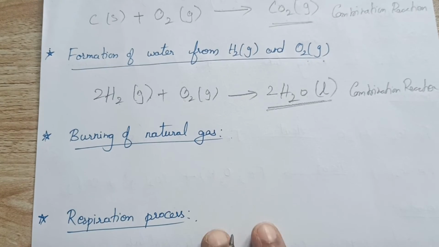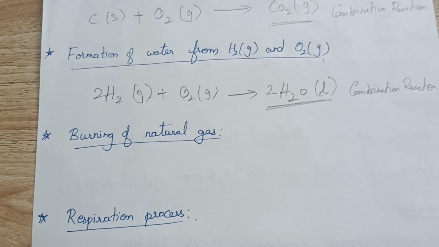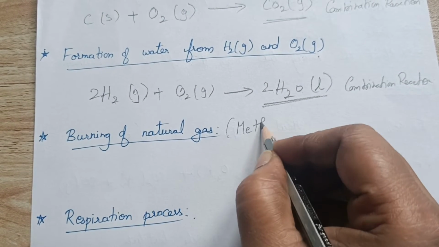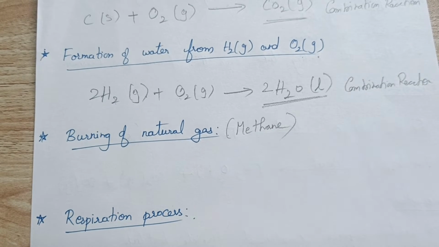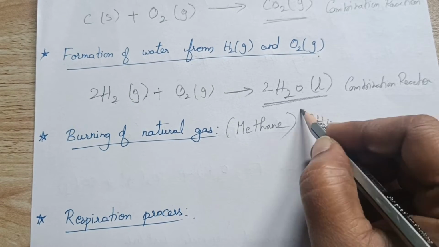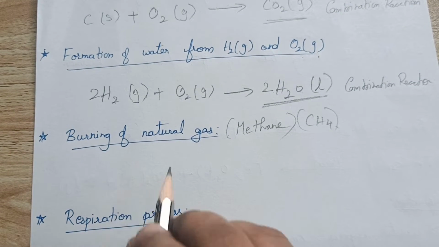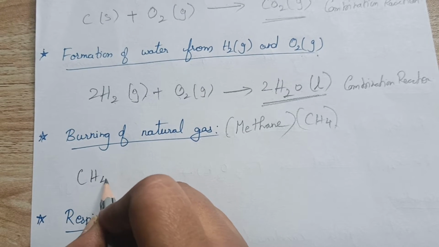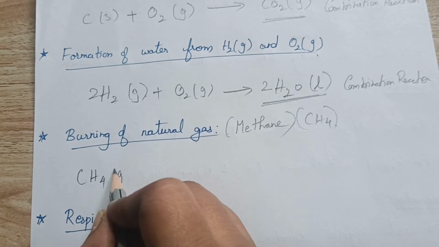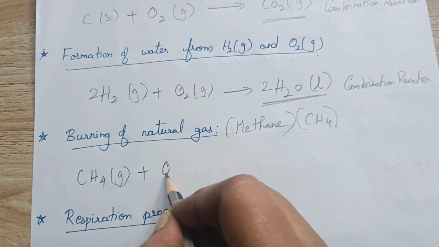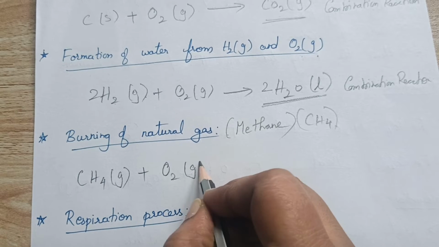Next, burning of natural gas. You know the natural gas formula? Natural gas is methane. Its formula is CH4. Burning of natural gas means methane, a gas, burns in the presence of oxygen, which is also a gas.